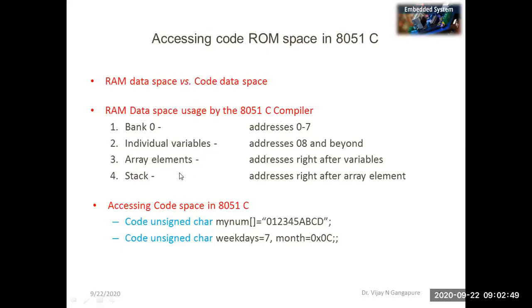Okay, if we have declared any array type of variables in our C program, then the elements of these arrays will get space from this RAM right after the variables space. So first variables will get space in RAM, and after that array elements will get space.